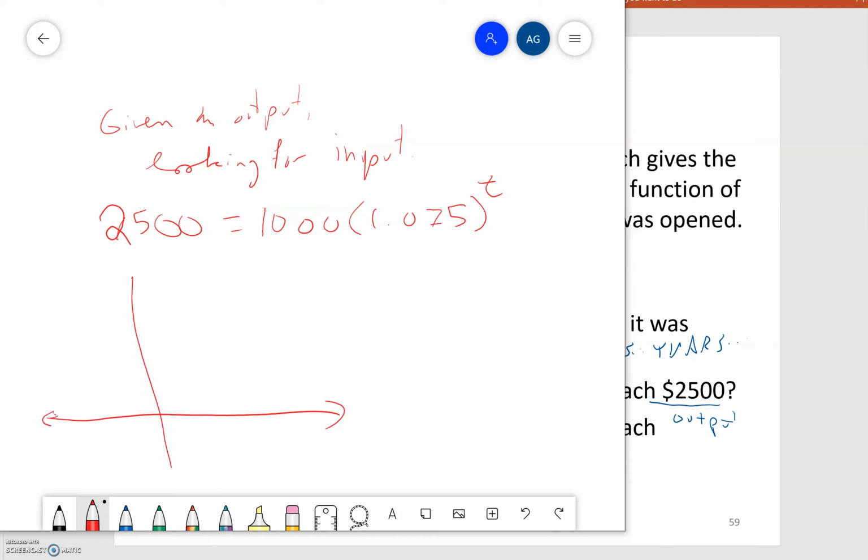Now, let me not mislead you. This 20 down here, actually, let me just erase that. The point is that we don't know that t value, and so we have to find it.